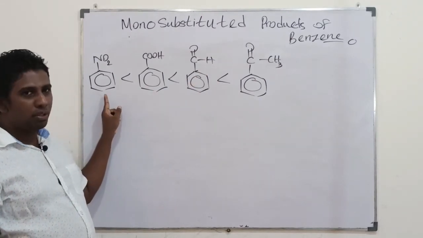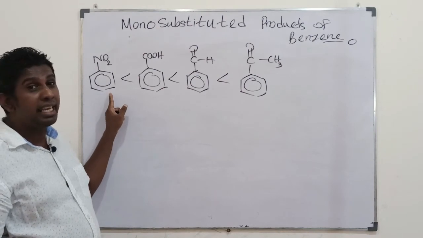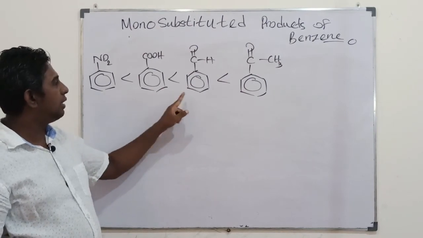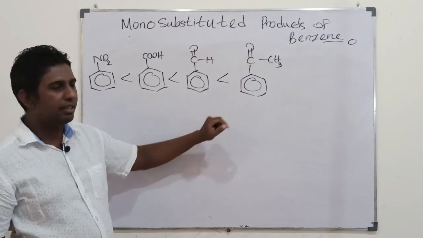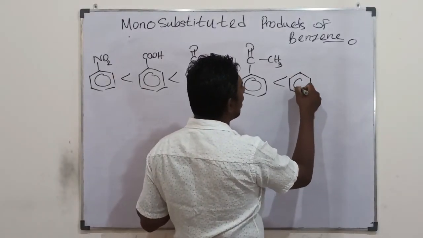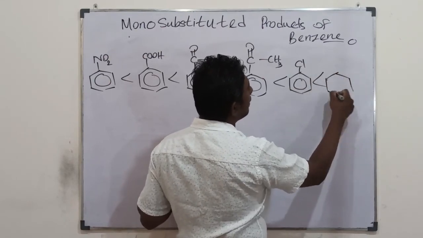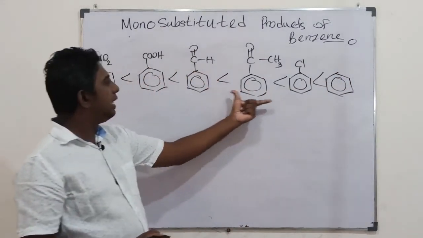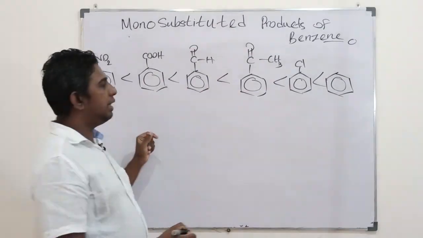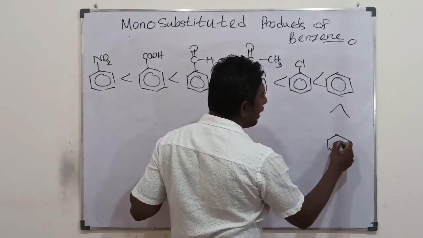This is the most deactivated one in our list, then second most, then next, then next. Next you find chlorobenzene. What you have next is just benzene. All these are deactivating groups. Then thereon you get activating groups.